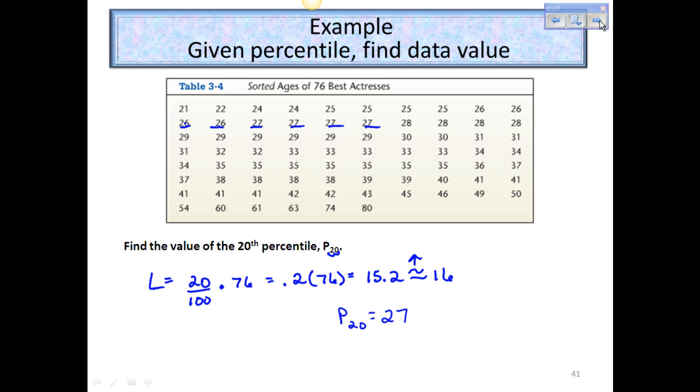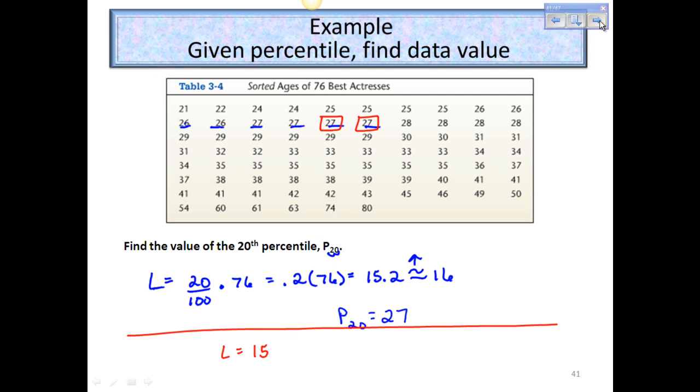Alright, now just a what if. What if our L had been 15, a whole number? In that case, you would go to the 15th data value and then look at the next data value as well.